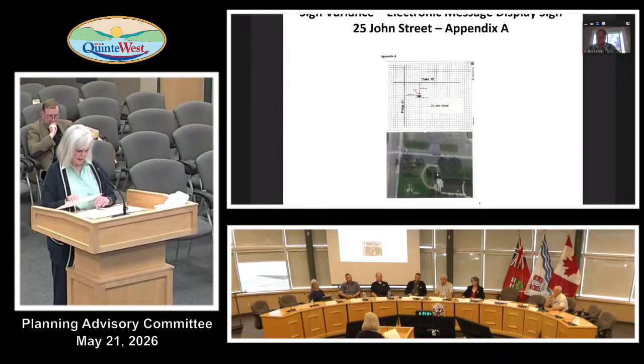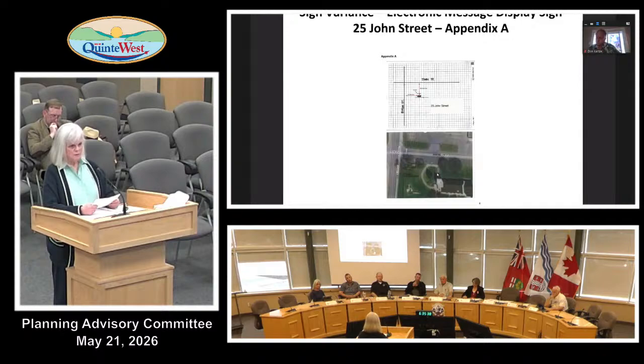But the other thing that I wanted to make note of, just because there's a lot of talk of what's going on that corner, and it was pointed out early on, the electronic message display sign stuff, and there were other ones there, and we were too close to them. However, when I read this from the City of Quinte West, it gave the definition: a sign which is illuminated and which is electronically controlled and which displays information at a prearranged sequence.